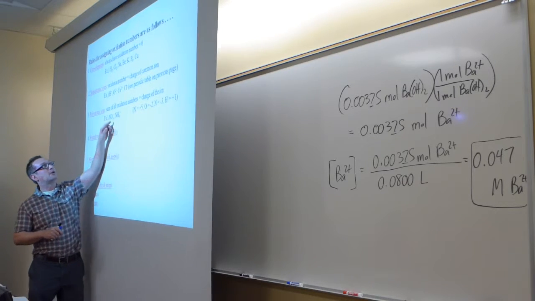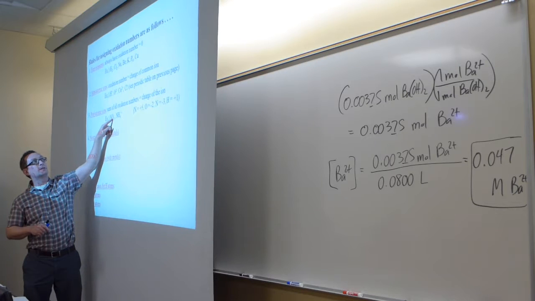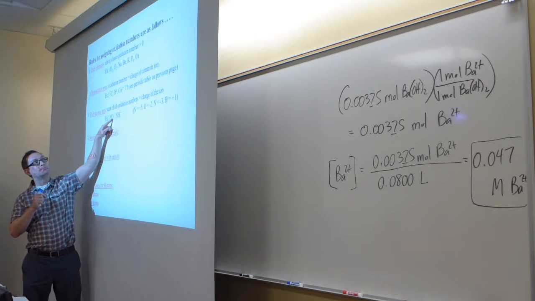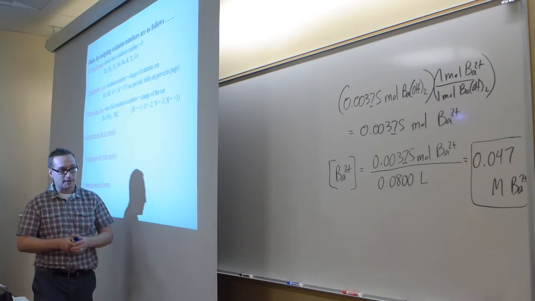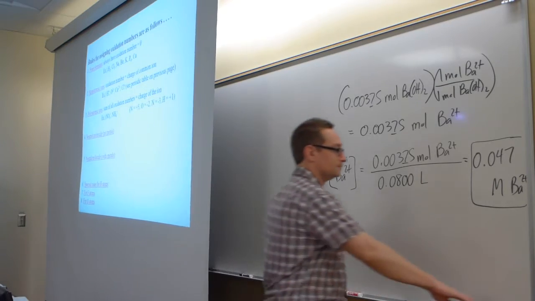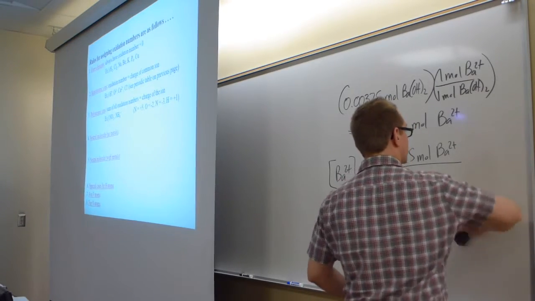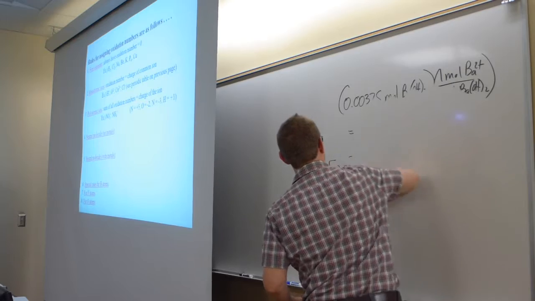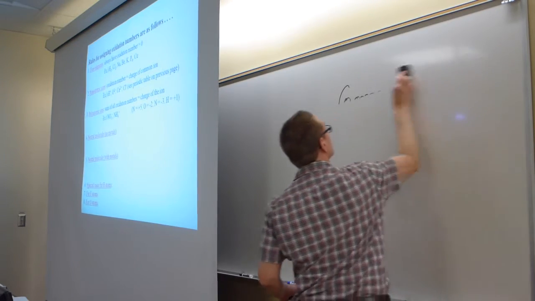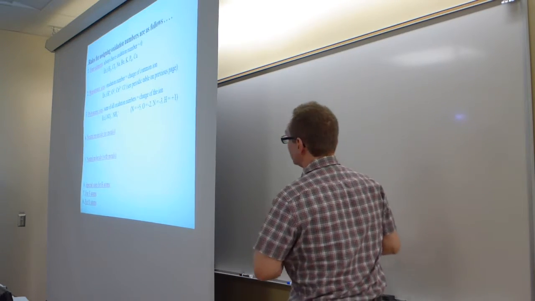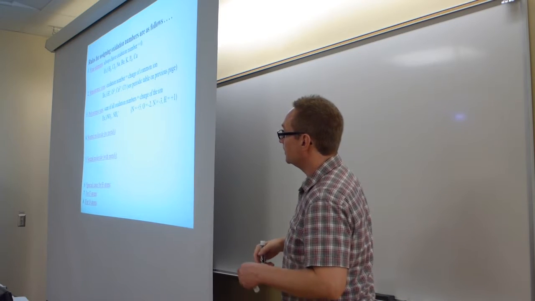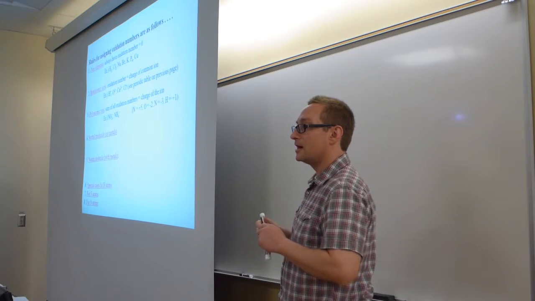So you have to add all the oxidation numbers together from each individual atom. Let me write that out a little differently. Typically when we write oxidation numbers, we write them above the element in the compound.